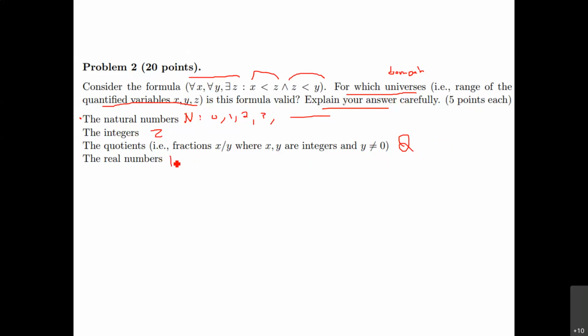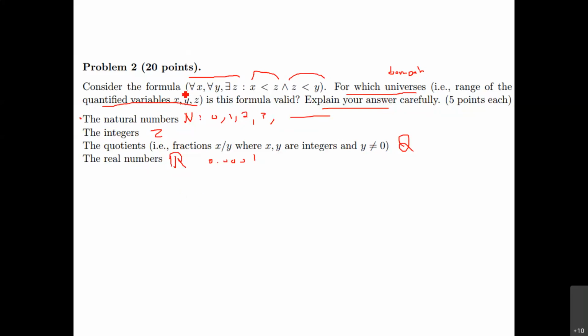And then you have the real numbers, R, which is kind of like integers, but you get all the decimals as well, rationals and irrationals. So think of it as pretty much anything. So given these ranges, we want to find out for which of these the formula is valid.